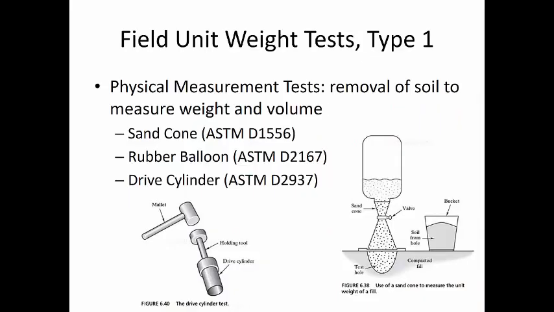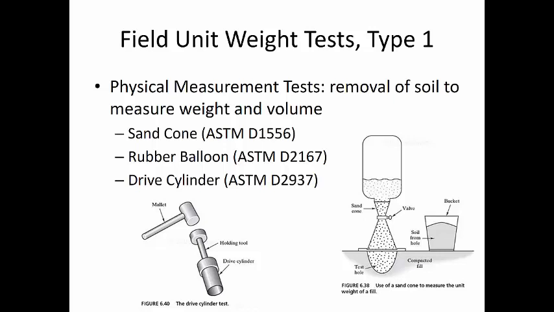Okay. And now when we get to the field, we can see that there are many types of tests that can be performed to measure the amount of dry unit weight and the moisture content. The first type is just this basic physical measurement of testing. So you go to the area that the fill is being compacted. You can dig up or remove the soil itself, obtain that soil to weigh it.